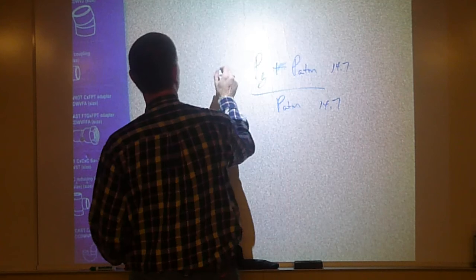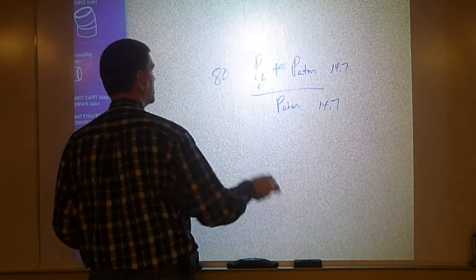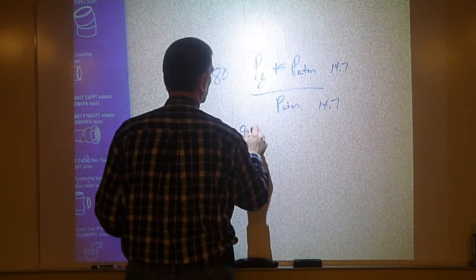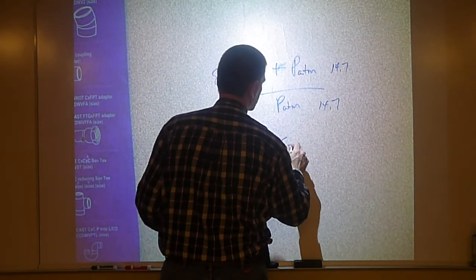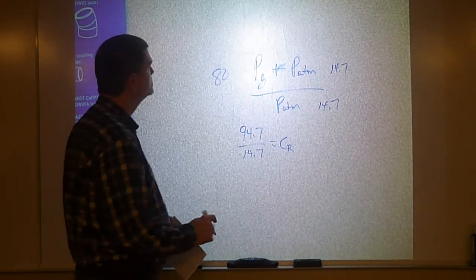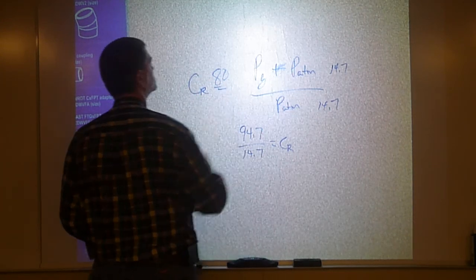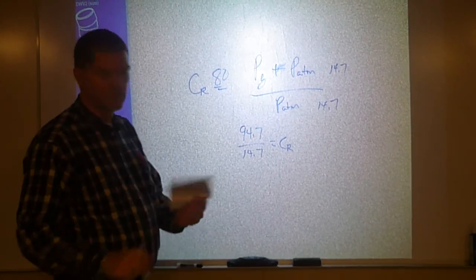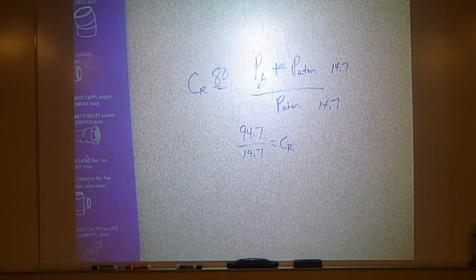So if your compressor is making 80 psi, it's going to be 94.7 over 14.7 equals your compression ratio. Hopefully that makes sense, if you have another question on your test in regards to your compression ratio.